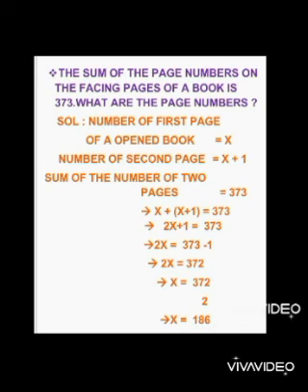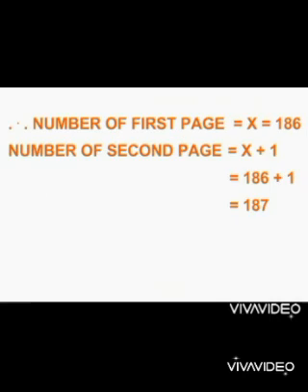Okay children, if you cancel 372 by 2, you will get 186. Now we have considered the first page number is equal to x, which is 186. So the second page number will be x plus 1, meaning 186 plus 1, which is equal to 187.